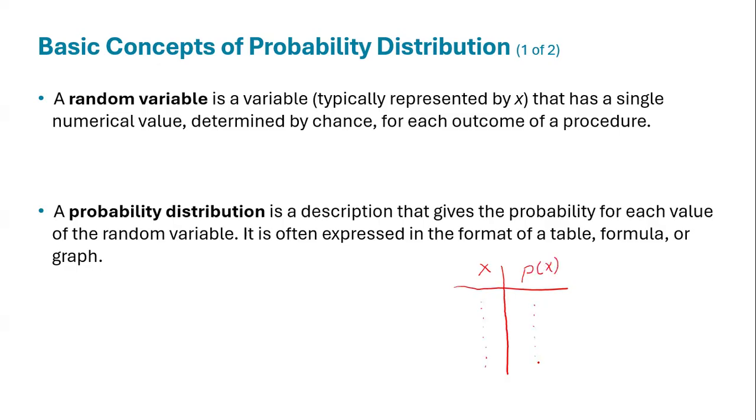Every probability distribution, which is sometimes represented as a table, a formula, or a graph, usually has a random variable X and a probability of each value of that random variable.